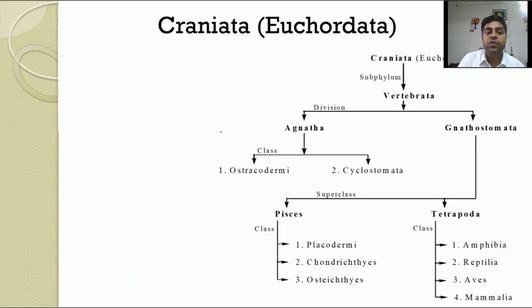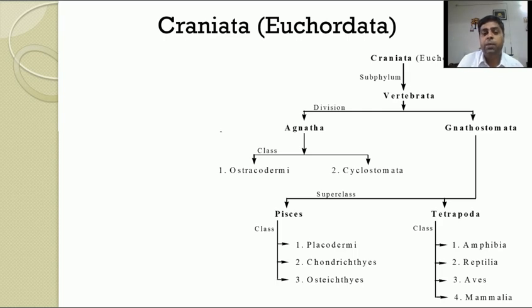So here, if you see the further classification, Craniata or Euchordata has a single subphylum, that is Vertebrata, and this is due to the presence of the vertebral column. In all the craniate organisms or euchordates, whatever notochord is there gets replaced by the vertebral column.